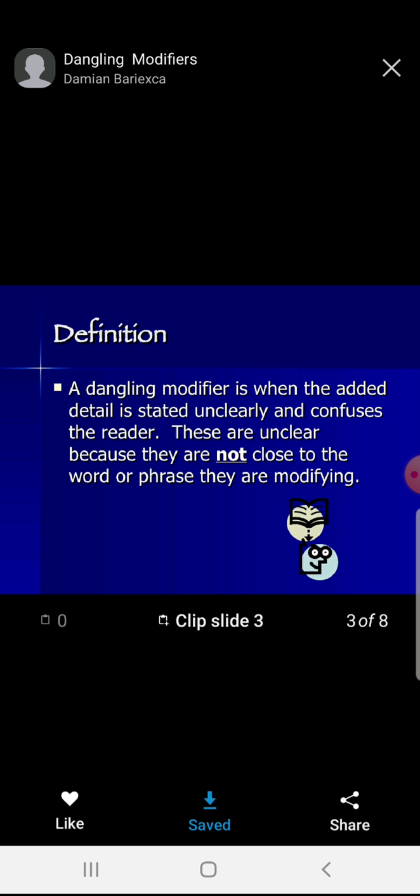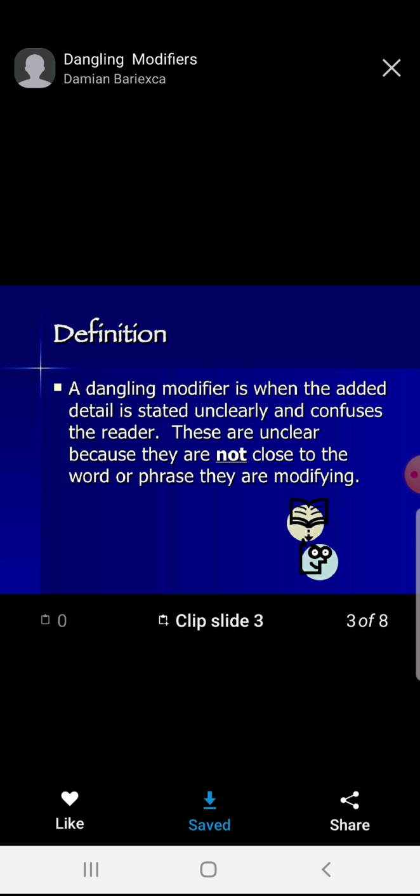Jadi misalnya harusnya yang dijelaskan the girl, tapi kok yang dekat modifiernya bukan the girl gitu. Jadi malah bikin bingung. Ini yang dimaksud, yang dimodify sebenarnya yang mana sih gitu ya. These are unclear because they are not close to the word or phrase they are modifying.